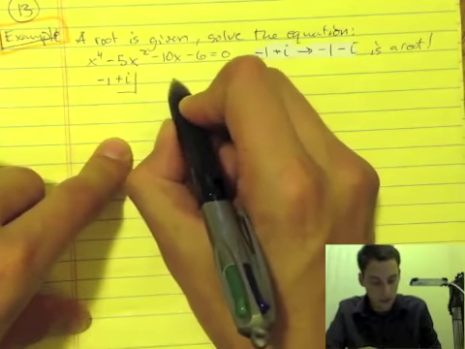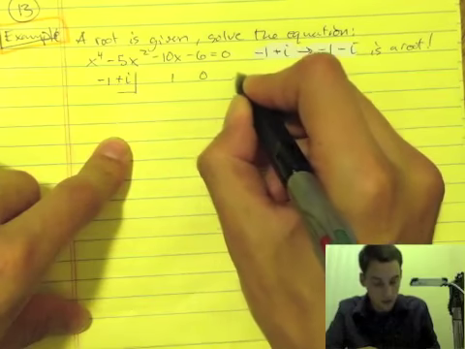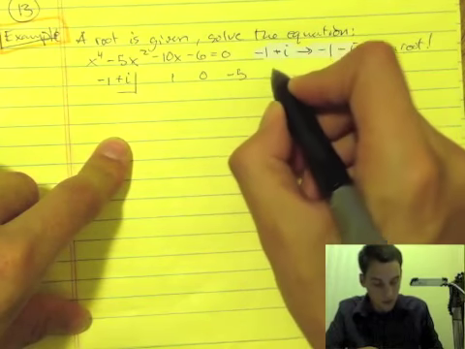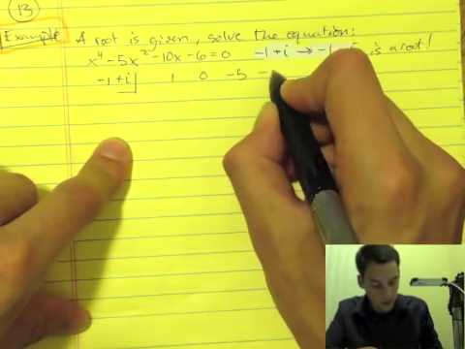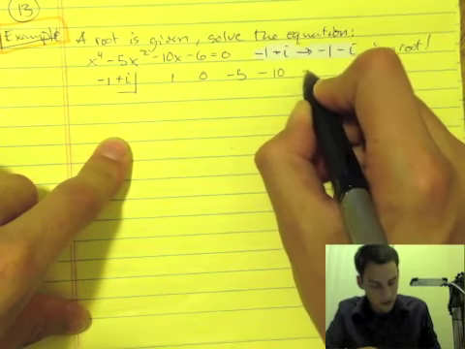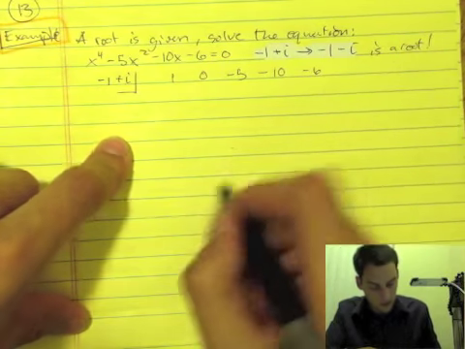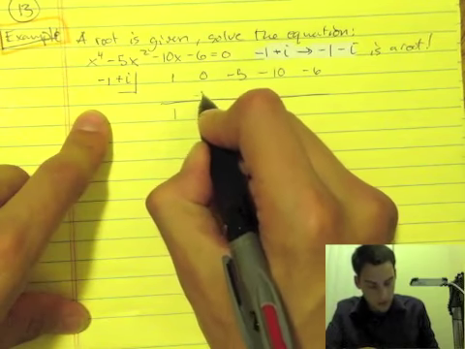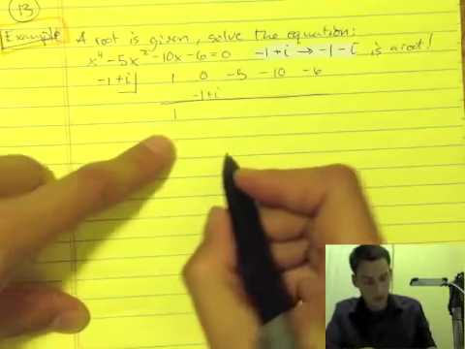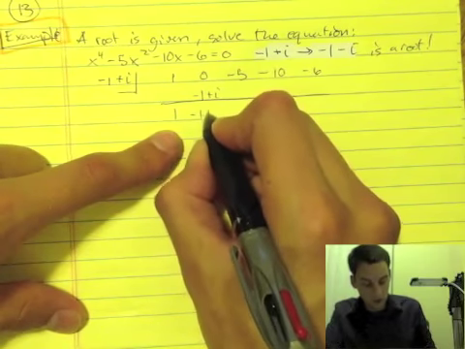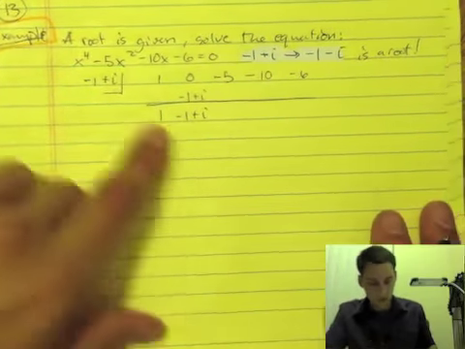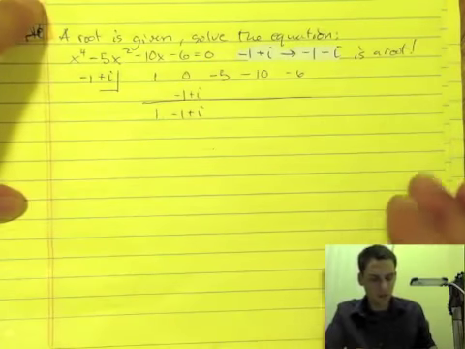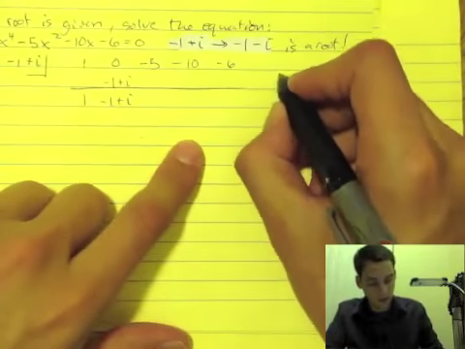So we'll have 1, 0, minus 5, negative 10, negative 6, that's it. So I bring down the 1, and I have negative 1 plus i, adding 0, so I have negative 1 plus i. And this kind of stuff I don't like to do in my head, so I'm just going to do it right over here.